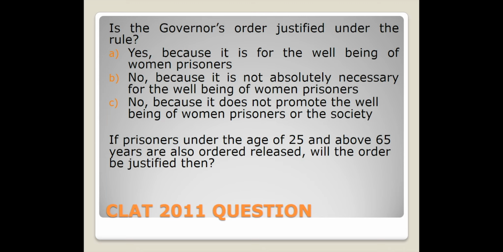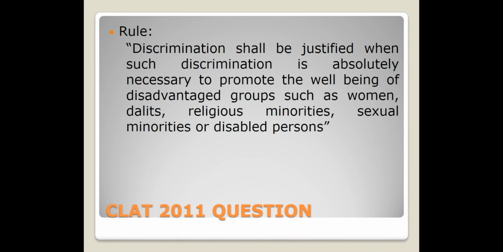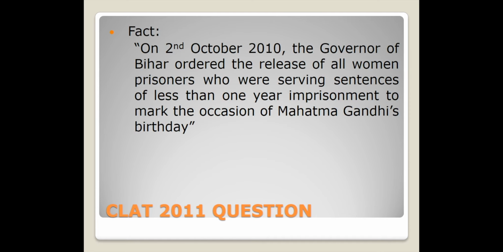So let's again take a look at the rule. The rule says discrimination shall be justified when such discrimination is absolutely necessary to promote the well-being of disadvantaged groups such as women. Now, in this particular case, the governor is ordering the release of all women prisoners serving sentences of less than 1 year imprisonment.